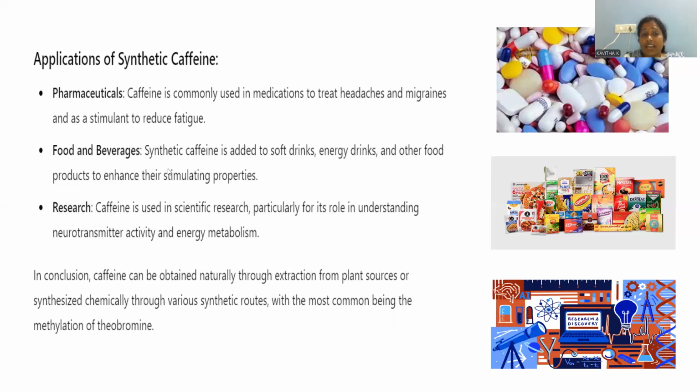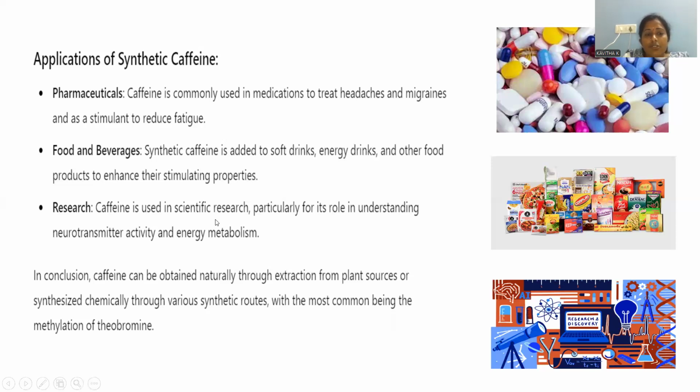Fatigue means tiredness, which can be removed by the addition of caffeine. In food and beverages, caffeine can be added to soft drinks, energy drinks, and other food products as well, because it enhances the activity or effective working of our brain and central nervous system.